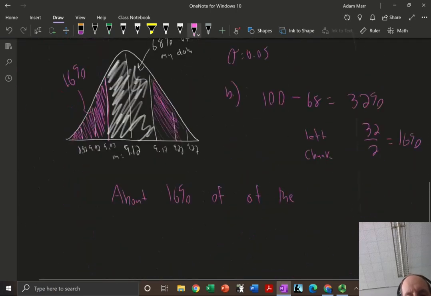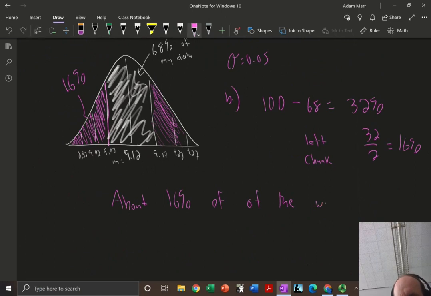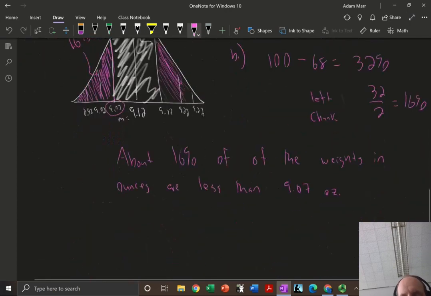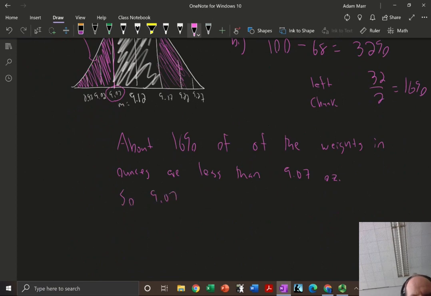That answers the actual question about what percentile: 9.07 is at approximately the 16th percentile.